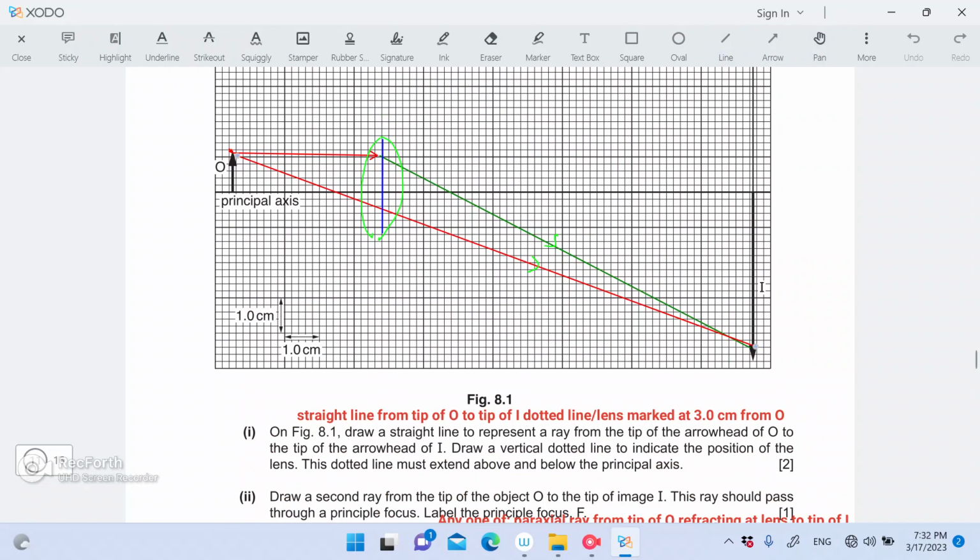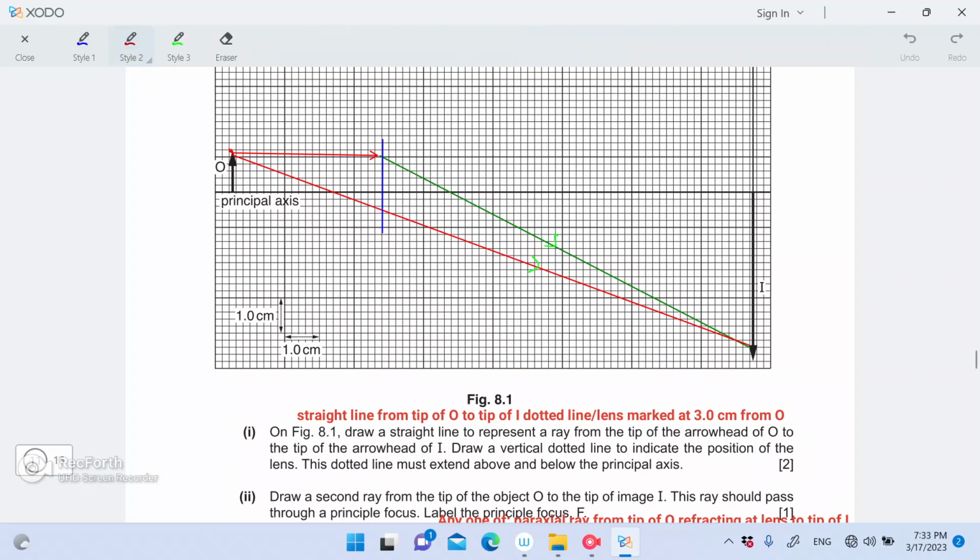So here you can see my lines should go through the center of the lens.